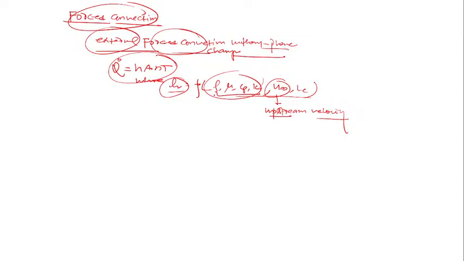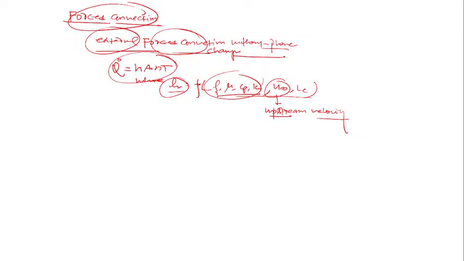For example, suppose you want to find out how density affects the heat transfer coefficient. Then you should fix mu, Cp, k, U infinity and Lc.